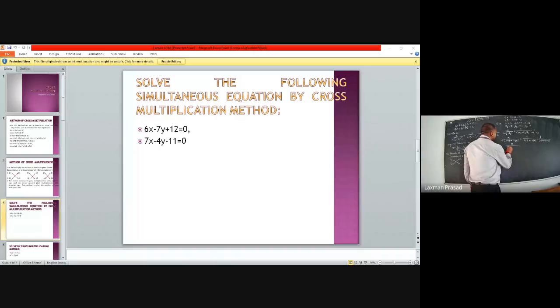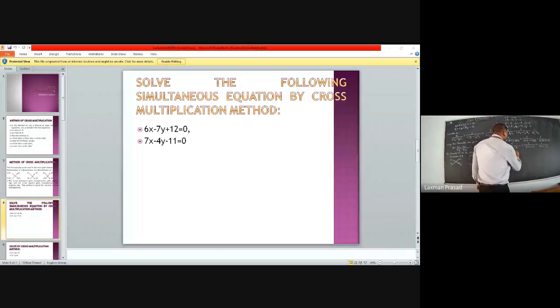x upon minus minus plus 77, minus minus plus 12 into 4 is 48, equals y upon 7 into 12 is 84, minus minus plus 11 into 6 is 66, equals 1 upon 6 into minus 4 is minus 24, minus minus plus 7 7s are 49.